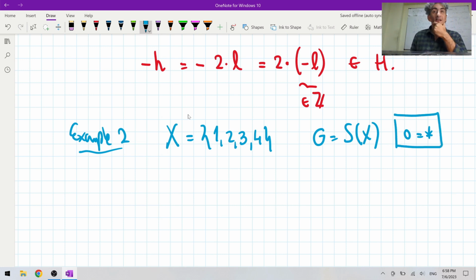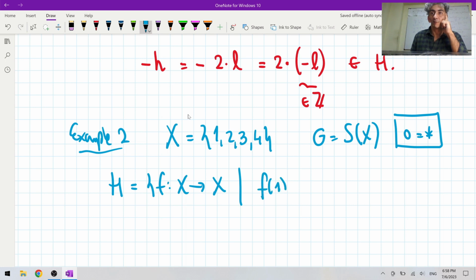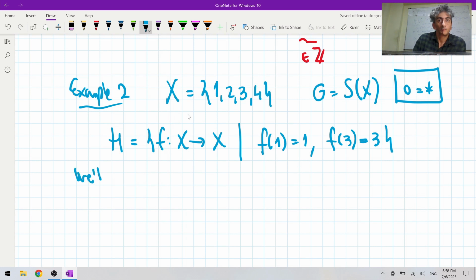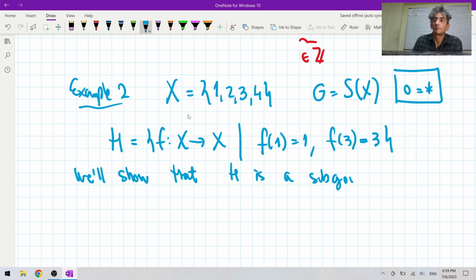And let's take a look at the functions f from X to X such that f of 1 gives 1 and f of 3 gives 3. We need to show that H is actually a subgroup of G.